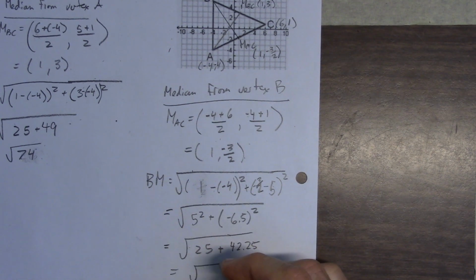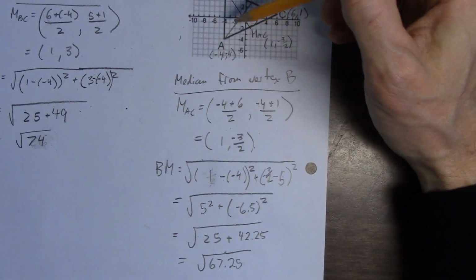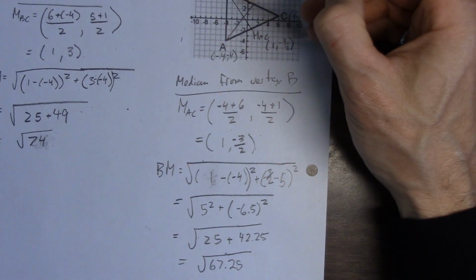This is equal to the square root of 67.25. And I double checked, we did do all of that correctly. So those are our two distances of AM and BM.